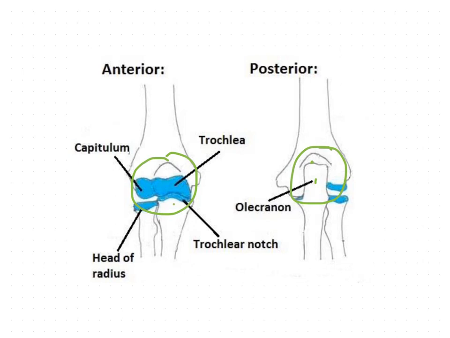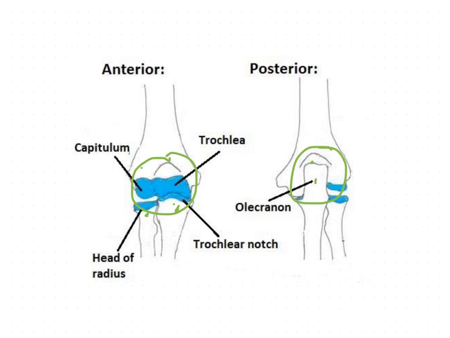And in full flexion, the coronoid process of the ulna fits into the coronoid fossa, as well as the circumference of the radius fitting into the radial fossa. So it has articular stability at the extremes, that means the final stage of extension as well as flexion.